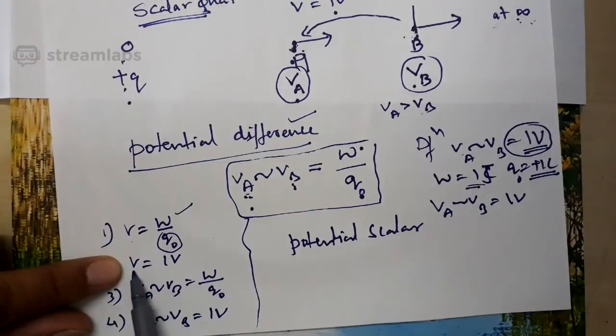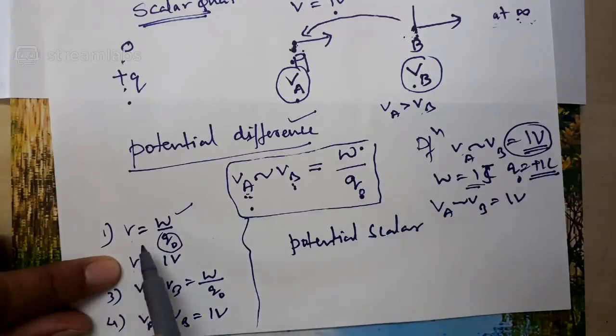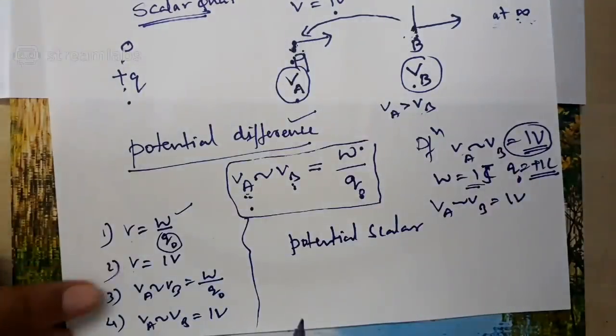Next one. Electric potential at a point is said to be 1 volt if 1 joule of work is done in moving a unit positive charge from infinity to a point under consideration against the electric field.